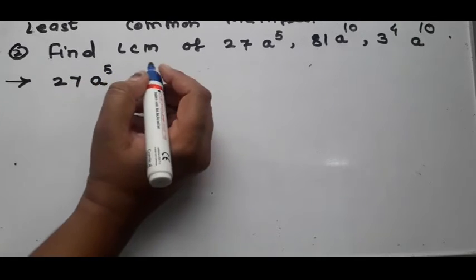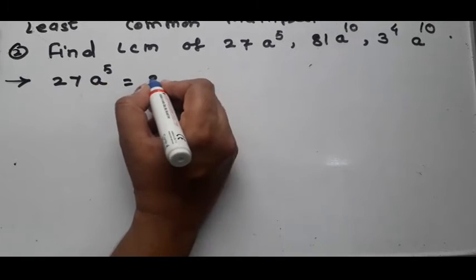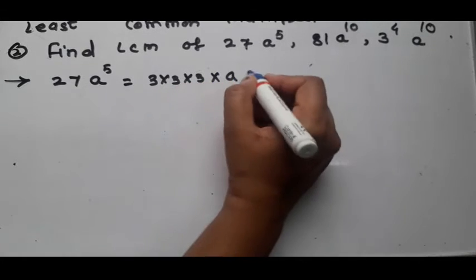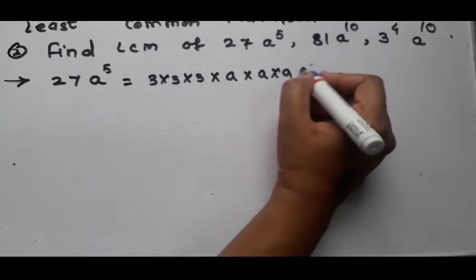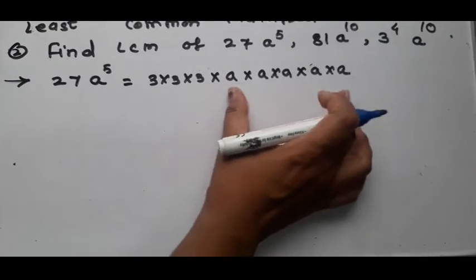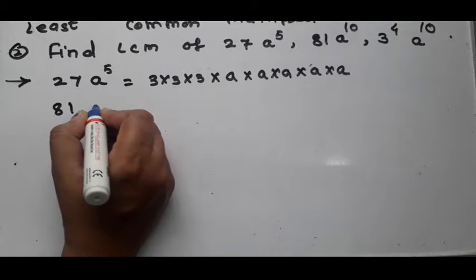27 a raised to 5 means what? 27 means 3 into 3 into 3, into a raised to 5, which means a into a into a into a into a. This is one complicated way we are writing here. 81 a raised to 10.